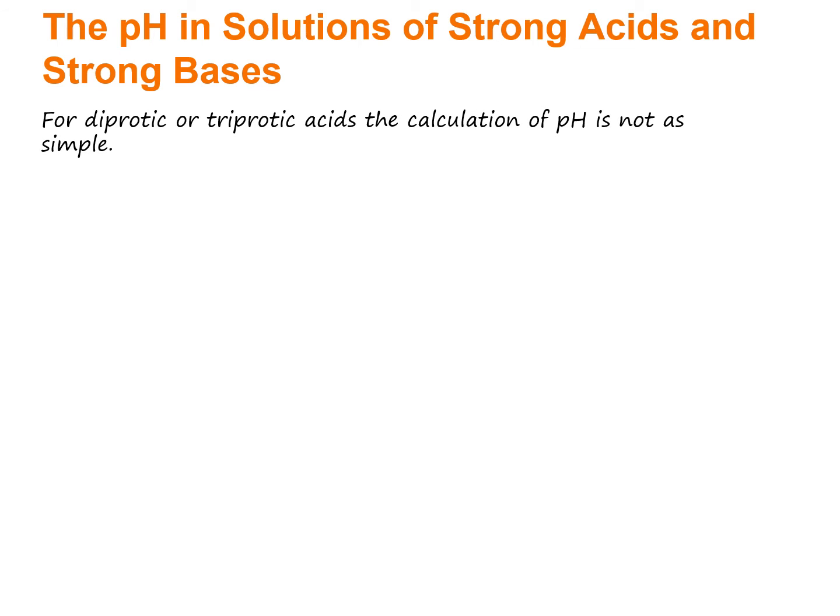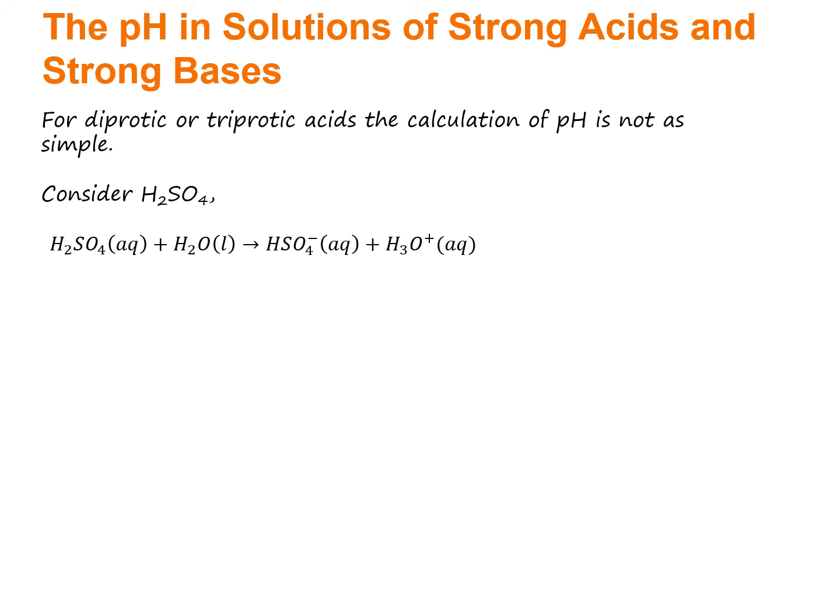So it's not as simple when we deal with diprotic or triprotic acids for the calculation of the pH. We can sort of see this if we looked at an example of sulfuric acid, which is a strong acid. And so when sulfuric acid does its first dissociation, it's going to create HSO4 minus and hydronium ion concentration.